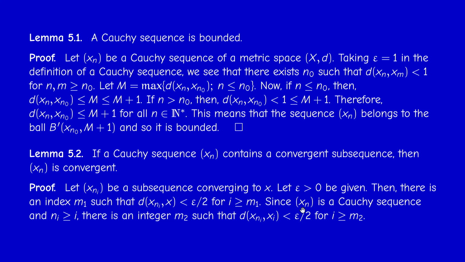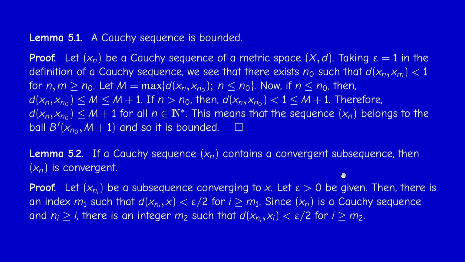Now let us use the Cauchy condition. There exists a certain rank m2, starting from which the distance between any two elements of the sequence is less than epsilon over 2. So in particular, if I take i to be greater or equal than m2, then since ni is also bigger than i, ni is also bigger than m2.